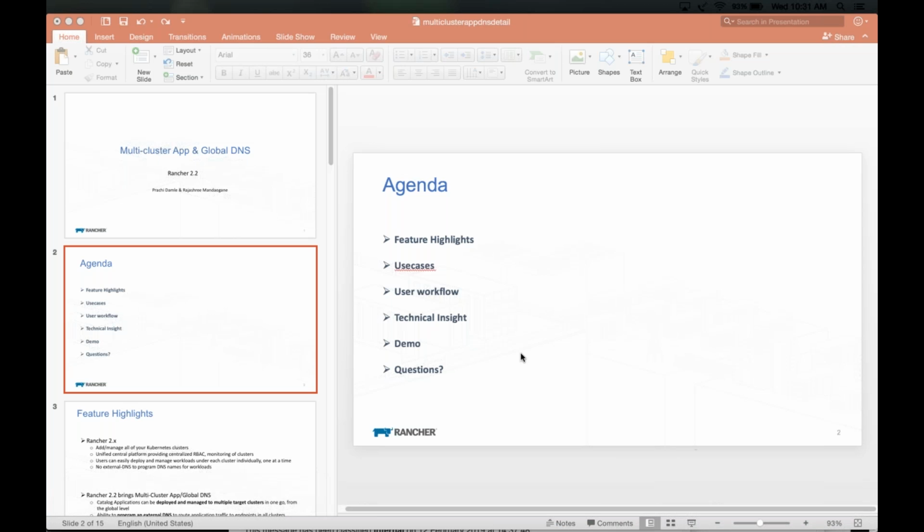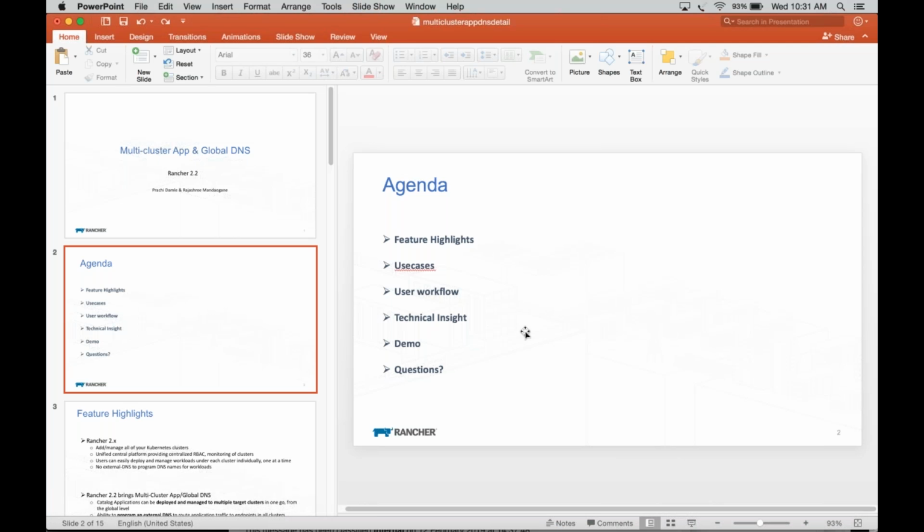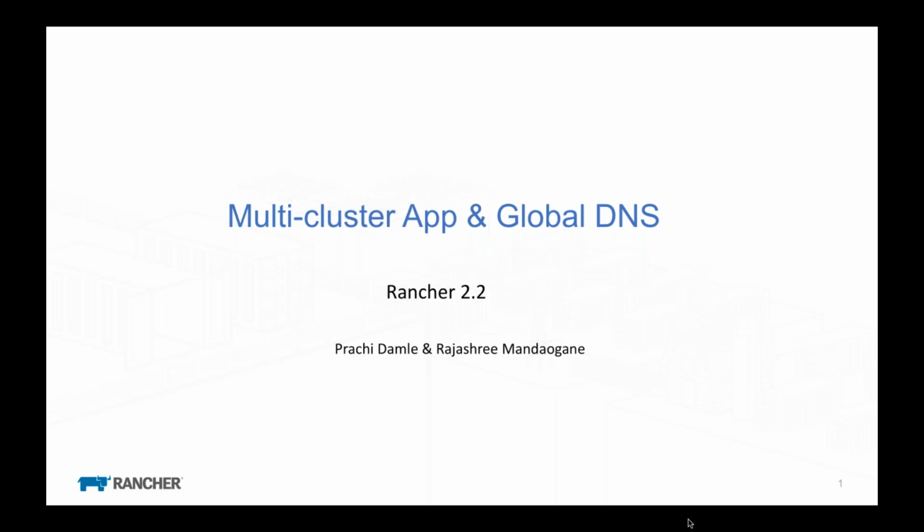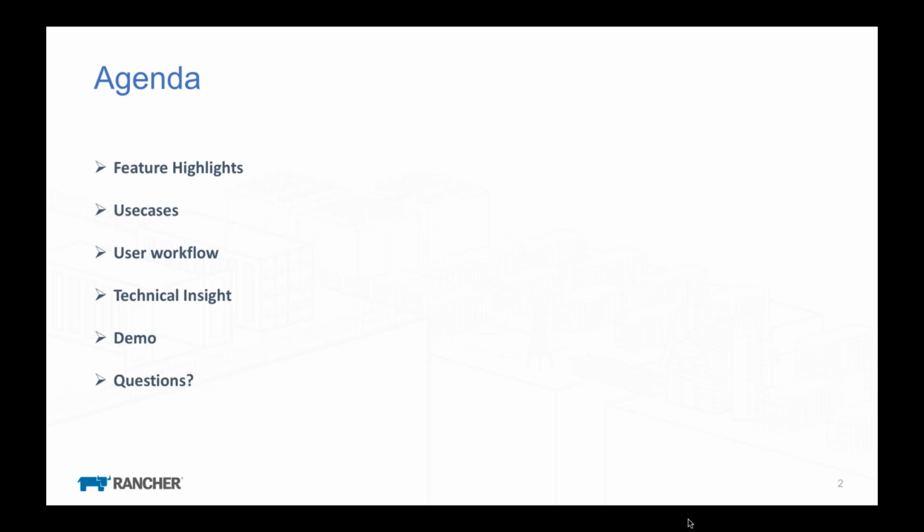All right. So, moving on, after the multi-tenant catalog, we have the walkthrough with multi-cluster app and global DNS that are coming in Rancher 2.2. So, quickly I'll go over the agenda that I will be presenting on. I'll be talking about the feature highlights for these two features, multi-cluster app and global DNS.